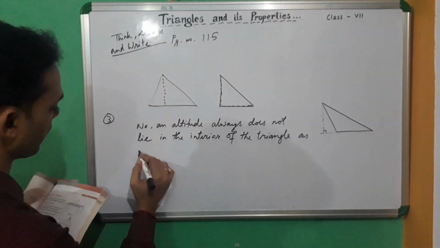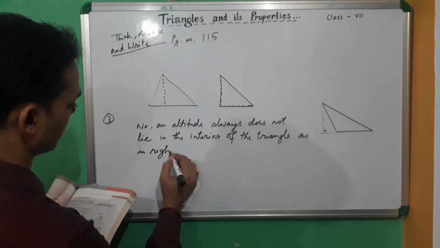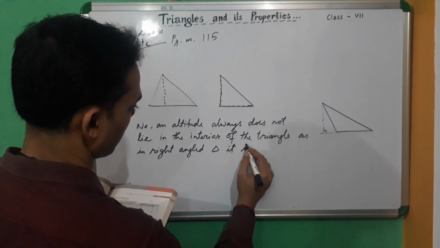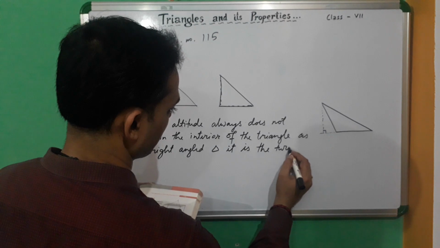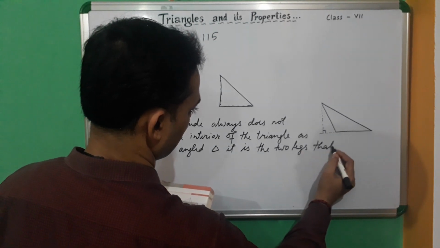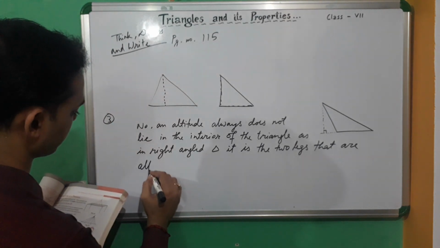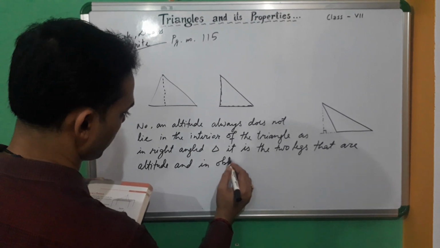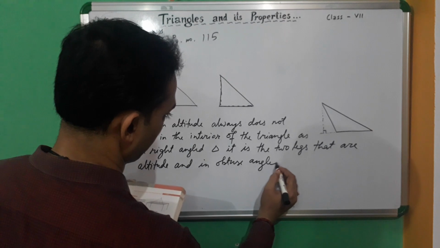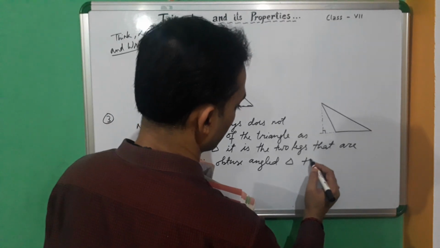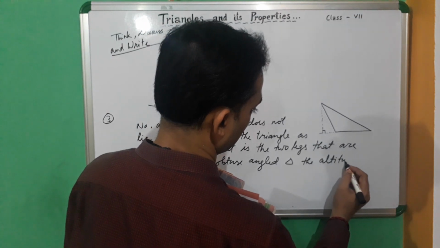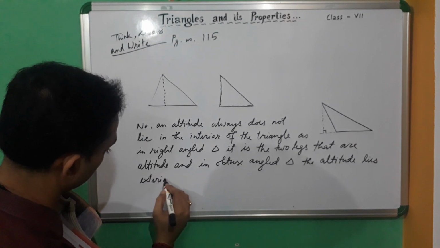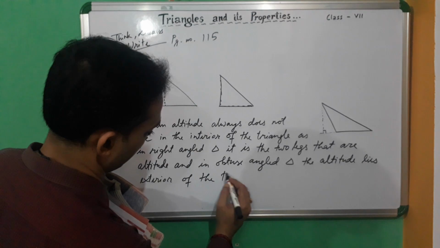as in a right angled triangle the two legs are altitudes, and in an obtuse angle triangle the altitude lies exterior to the triangle.